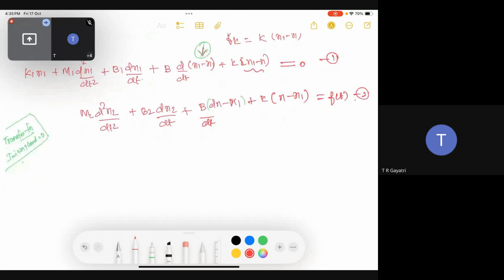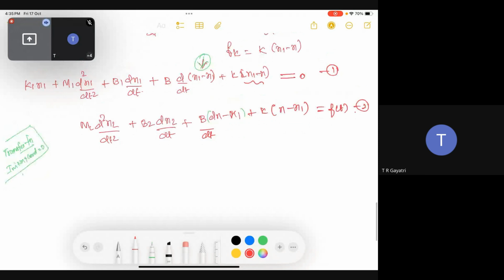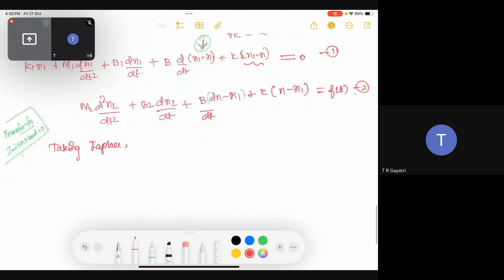Right, now we have two equations. Now it will be easy to substitute one with the other and cancel a few terms. So for the first equation, taking the Laplace, we get k1 x1 of s. I will just write capital X1, it means the Laplace, plus m1 s square X1 plus b1 s X1 plus b s (X1 minus X) plus k into (X1 minus X) equal to 0. Good.